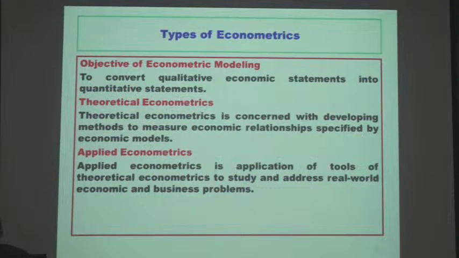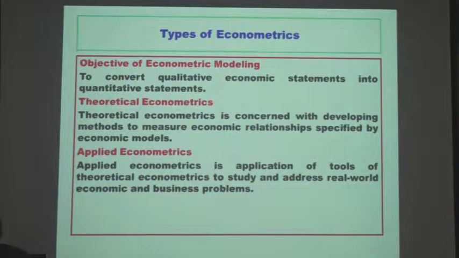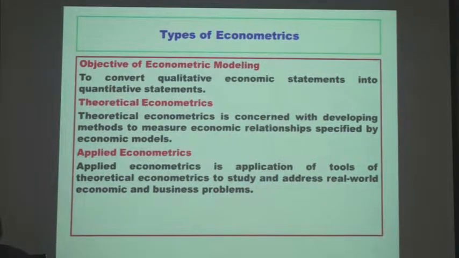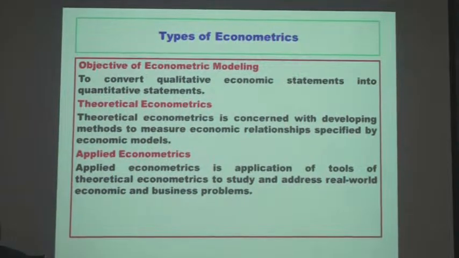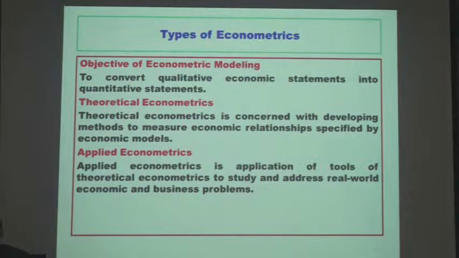Tools developed by theoretical econometrics are used by applied econometricians. So we can simply divide econometrics into theoretical and applied econometrics. By using applied econometrics, we address real world economic and business problems. For measurement, we use econometrics. So econometrics is a measurement science for social sciences.